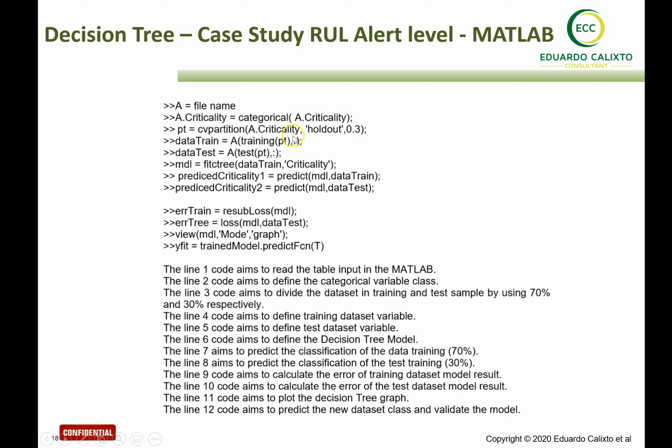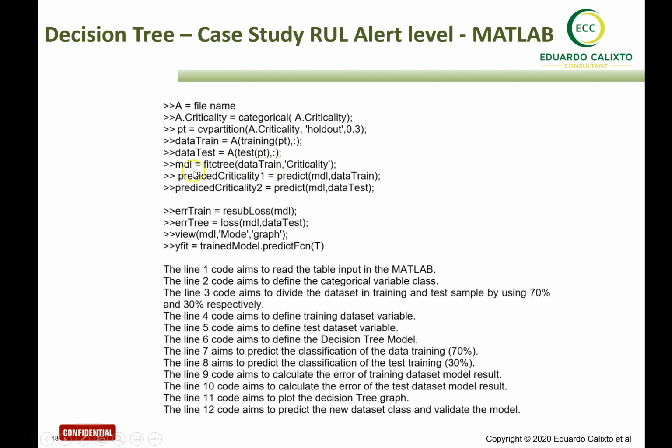Then we split our database, this criticality file, in 70 and 30%: 70% for data training, 30% for data test. Then of course we define the vector for data training and the vector matrix for data test. Then we apply the tree model by using the data training.